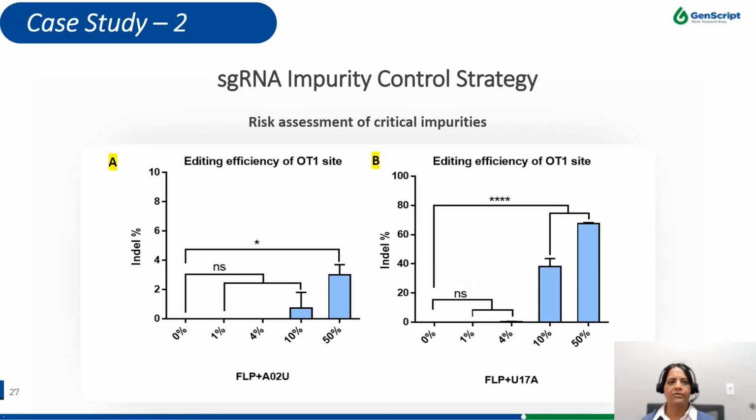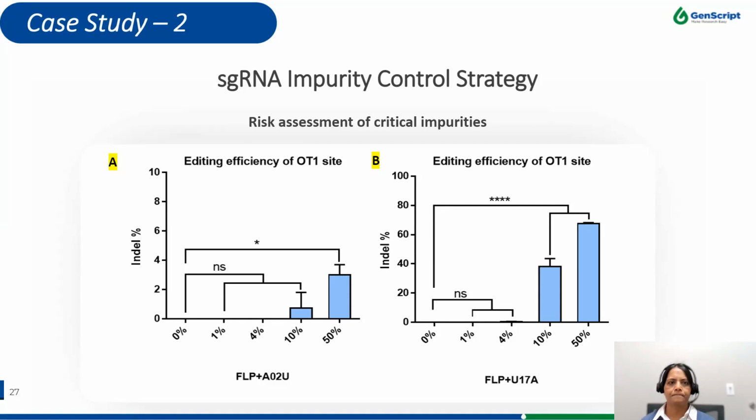And to further identify the maximum tolerable residue level of each impurity in the final product without increasing off-target editing, we spiked the impurities which have the highest risk of off-target into the full-length product at different ratios. And we used these samples to perform CRISPR gene editing in primary T cells and assess the editing efficiency of each sample.